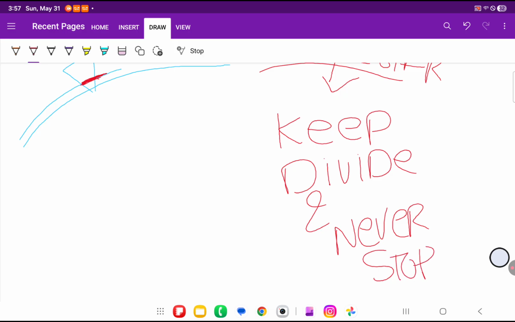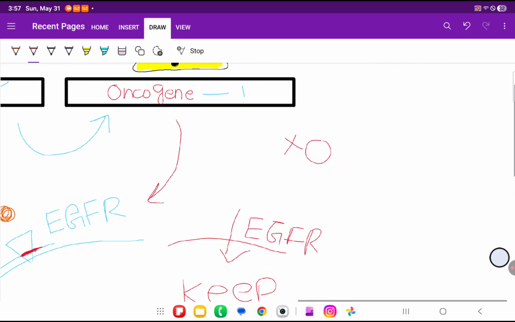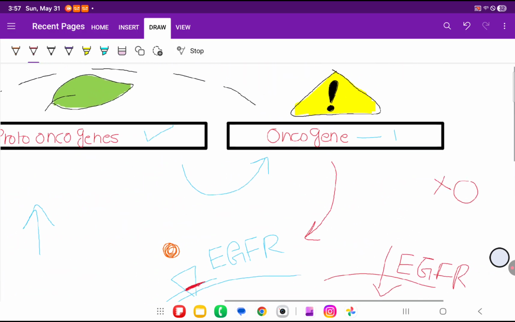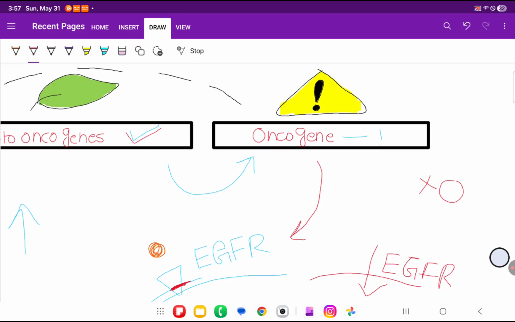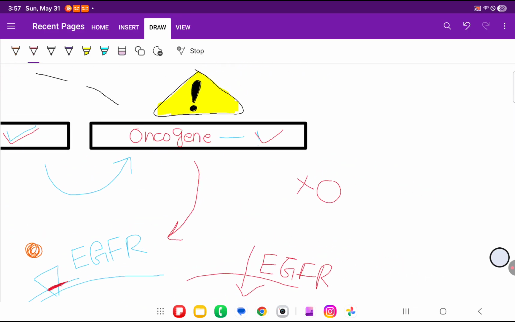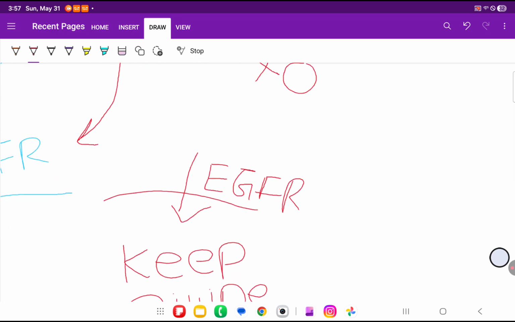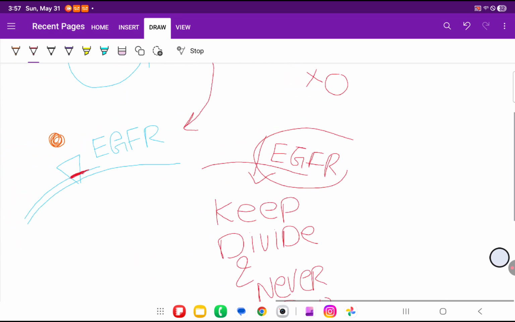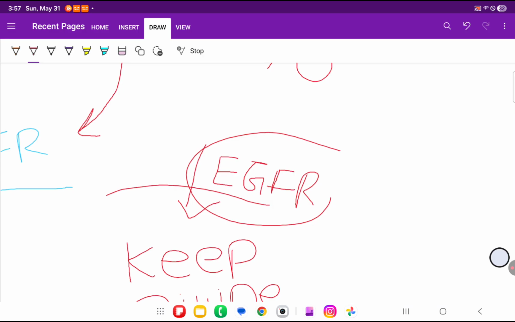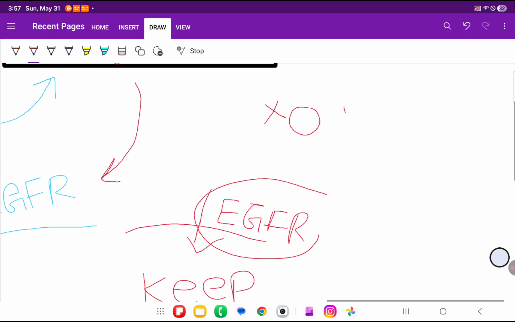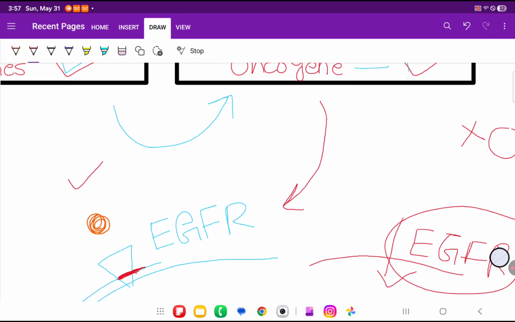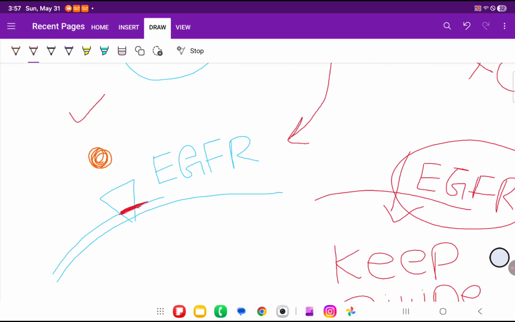So this is encoded by the gene. Previously it was a proto-oncogene, but now it has become an oncogene. This receptor doesn't require any growth signal. A growth signal is necessary in the normal situation to initiate cell growth.